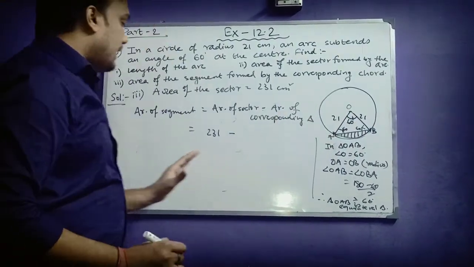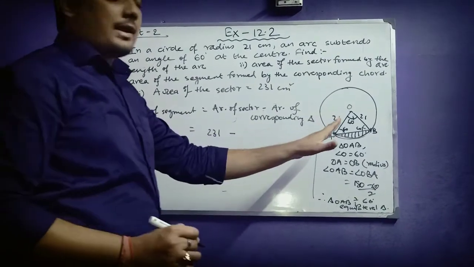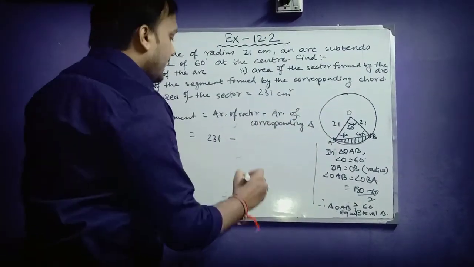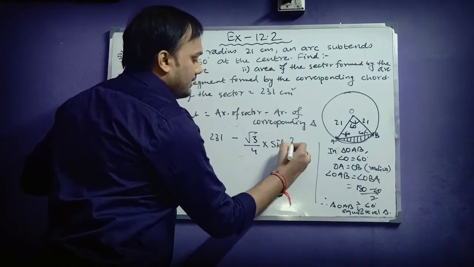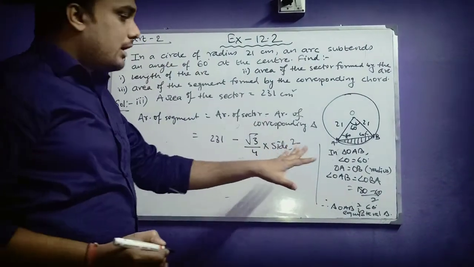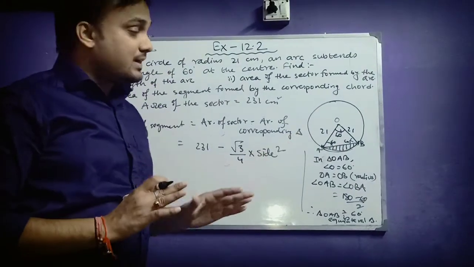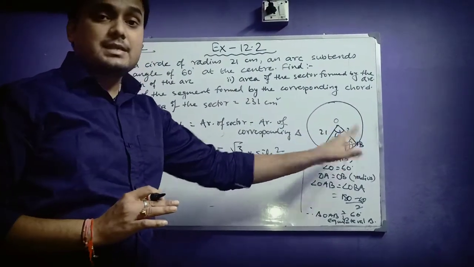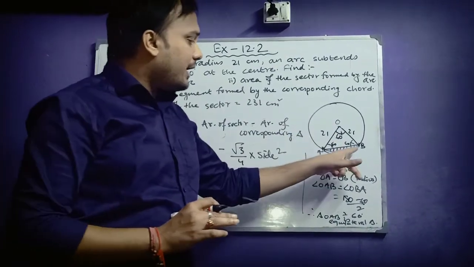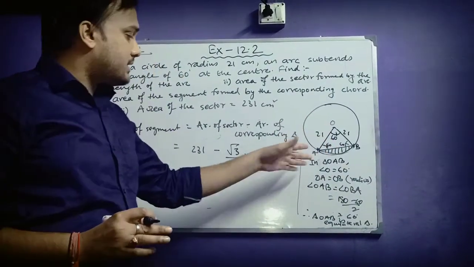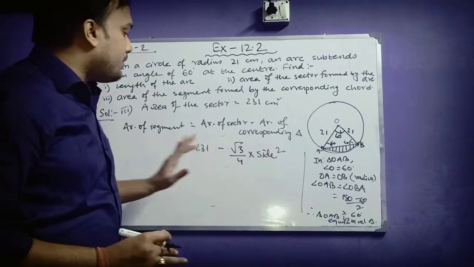And for finding the area of the equilateral triangle, the formula is root 3 by 4 into side square. I think it's very clear to you how we first have to prove that this triangle OAB is equilateral, and that we have done here. Its area will be root 3 by 4 into side square.